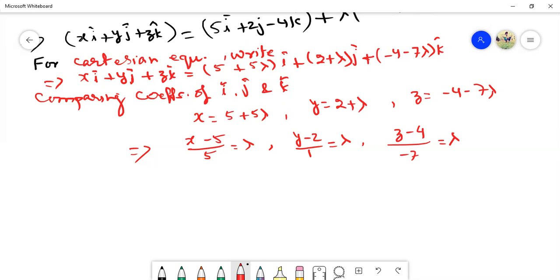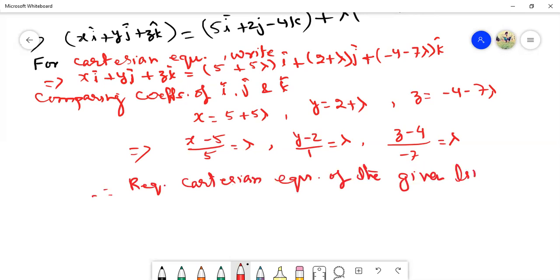So the required Cartesian equation of the given line. Sorry, it is z plus 4. This should be z plus 4.